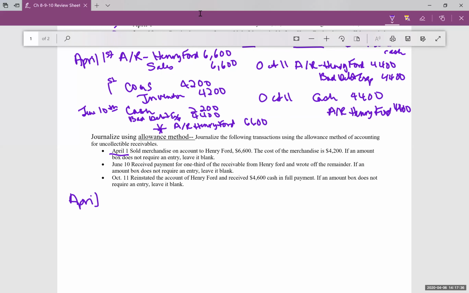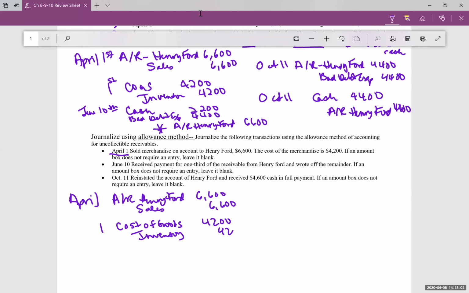This is exactly the same. AR Henry Ford, 6,600. Sales, 6,600. Also on the first, cost of goods sold, 4,200. Inventory gets the credit for 4,200.